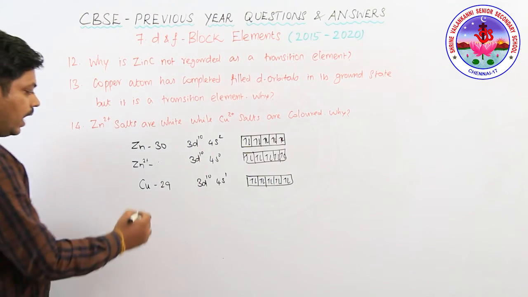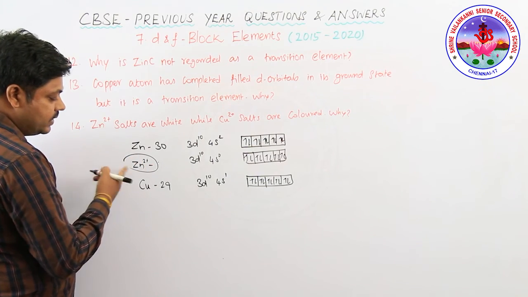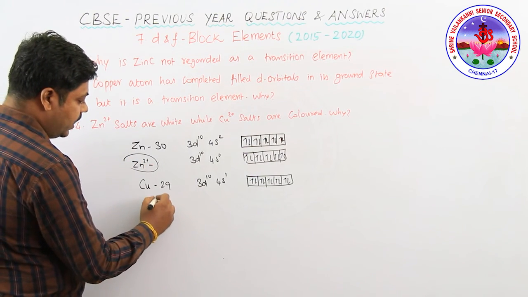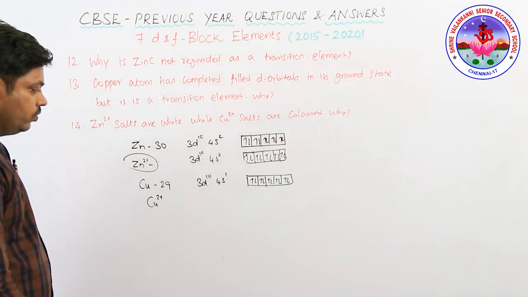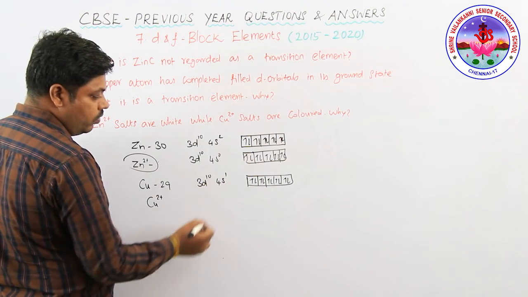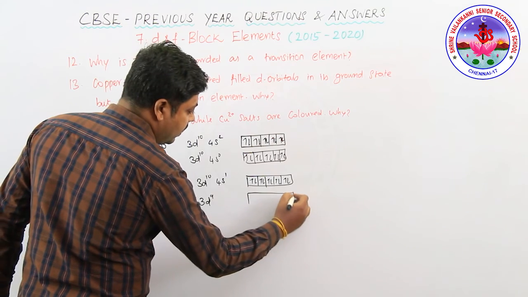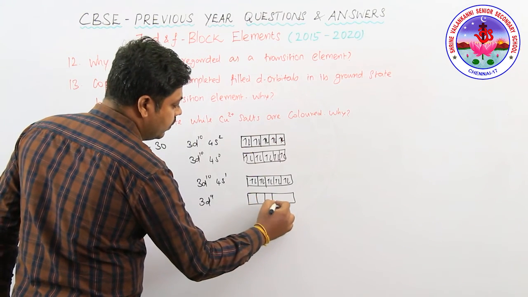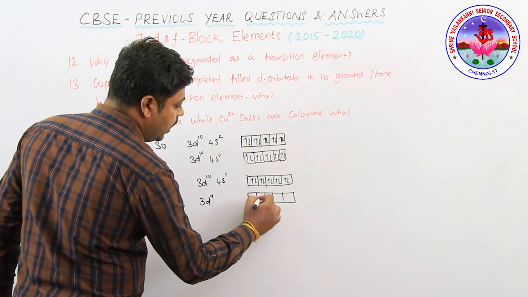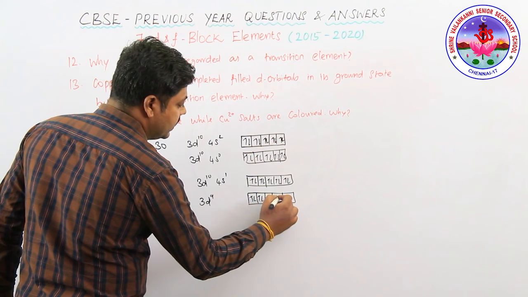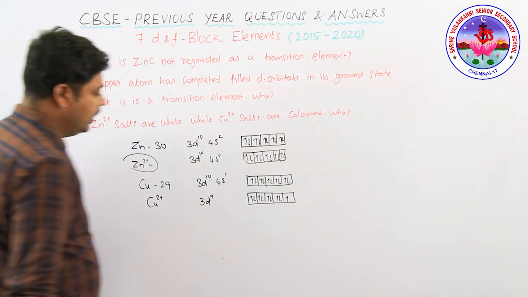Why? See, zinc exhibits the 2 plus state. In the case of copper also it exhibits plus 2. The plus 2 means removal of 2 electrons, so it will become what? 3d9. So there is presence of one unpaired electron. That is why copper 2 plus is considered as a transition element.